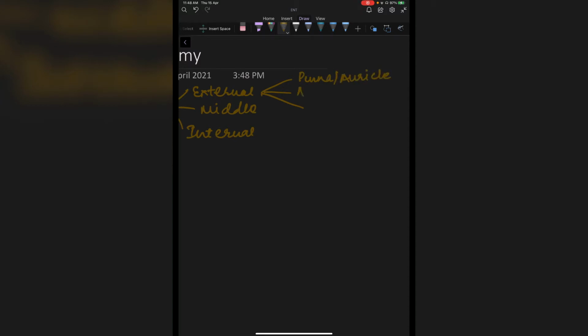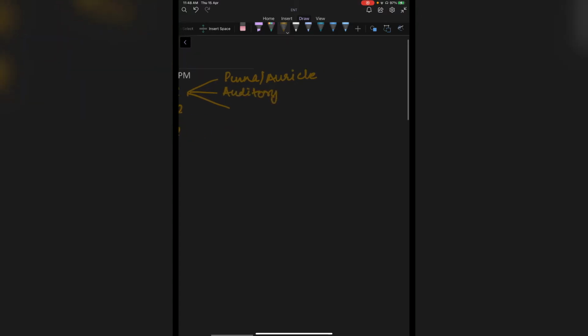Then comes your auditory canal, also called the acoustic canal. Then comes your tympanic membrane, which is also called your ear drum.